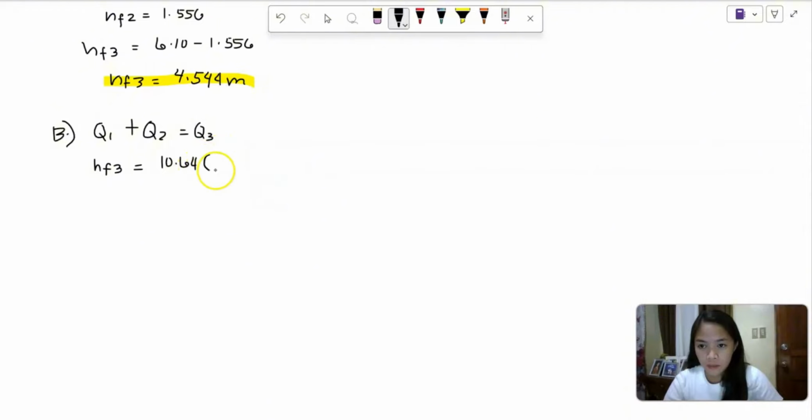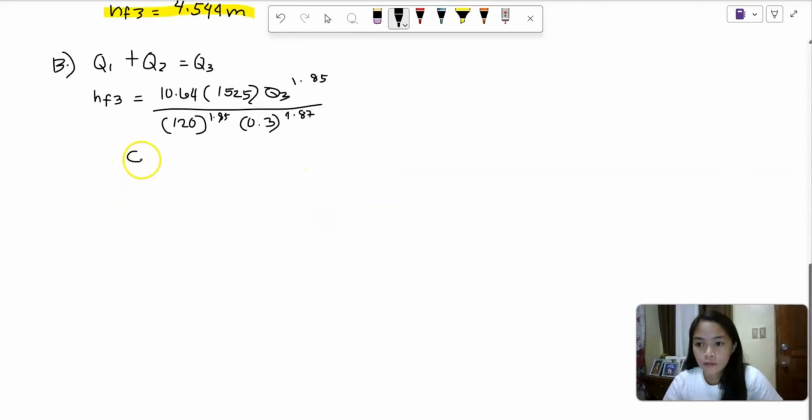So the length in pipe 3 is 1,525 times Q sub 3 raised to 1.85 all over 120, which is the C, raised to 1.85, and 0.3 diameter raised to 4.87.